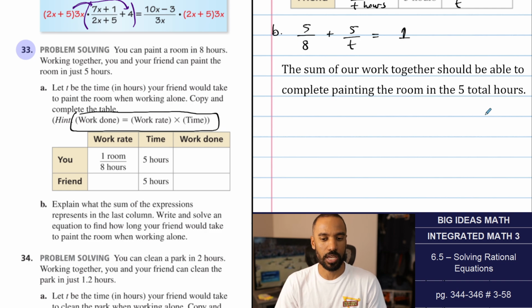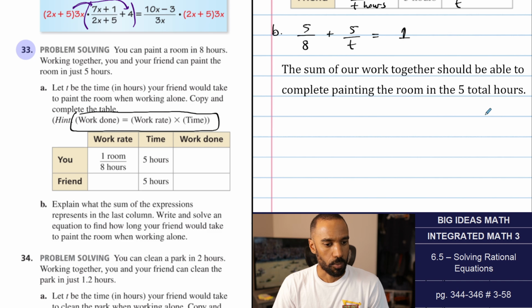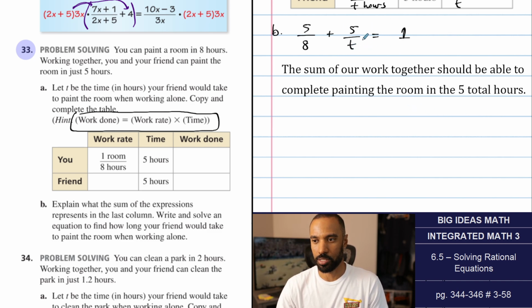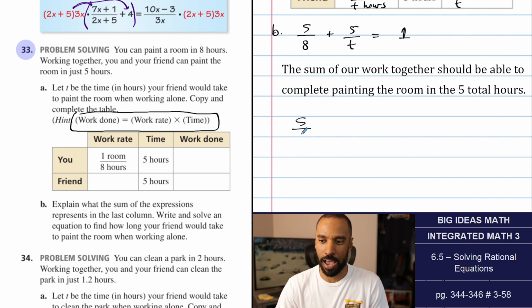Anyway, so there's the sum, and it says write and solve the equation. So how long will it take your friend? Now it's just up to doing what you want to do. I can subtract 5/8 from both sides, and now you get 5 over t equals 1 minus 5/8, which is 3/8. So 3 over 8.